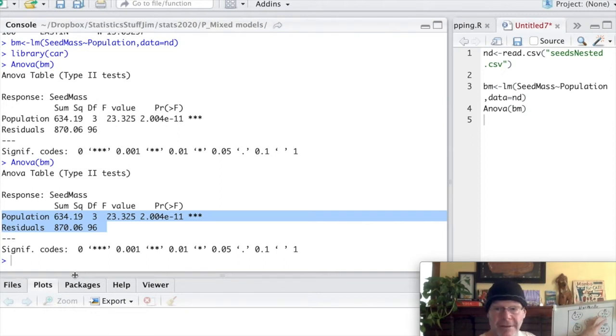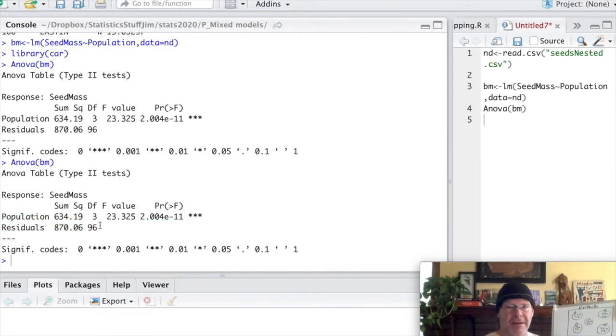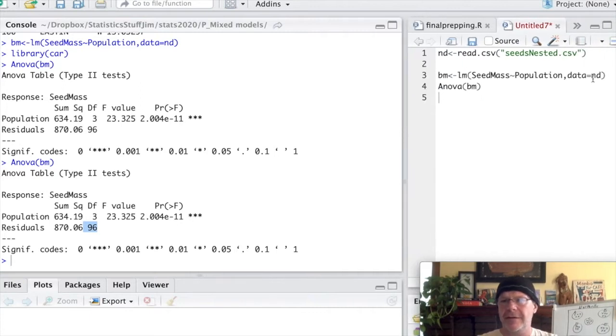There's only 20 independent pieces of information, yet our model is saying that there are 100 pieces of information, which isn't right.